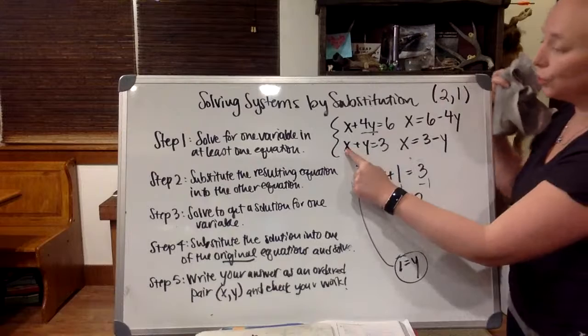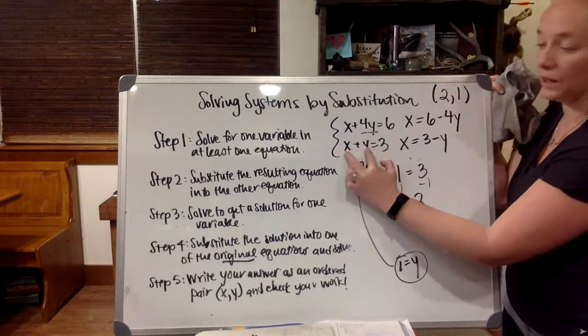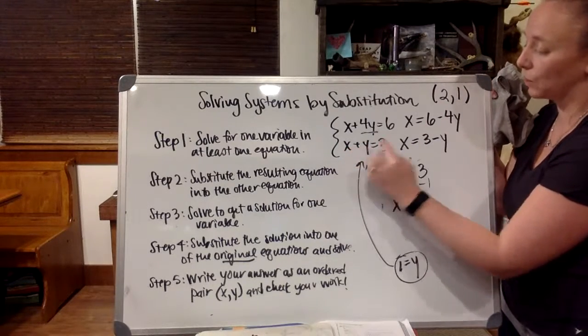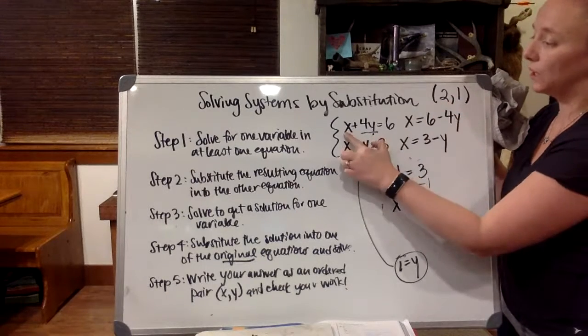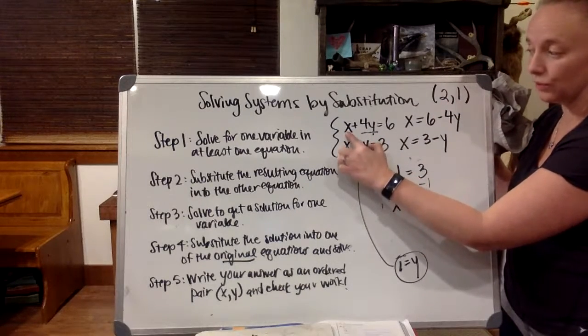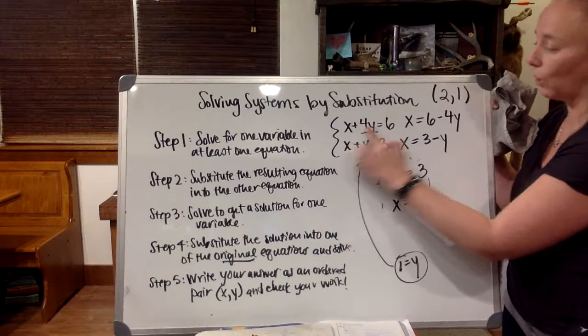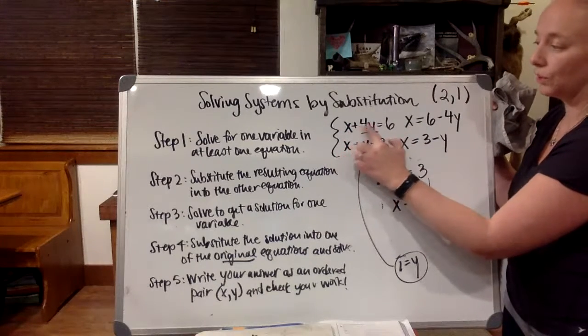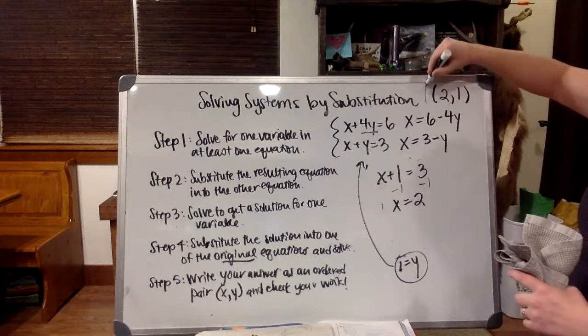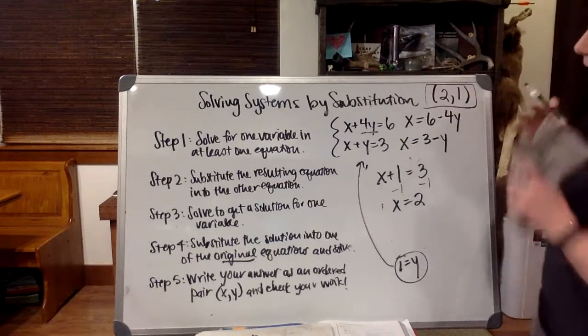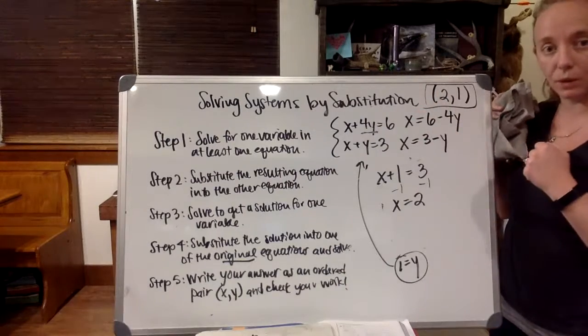If I put 2 plus 1 in here, the x plus the y, I get 3, and 3 is equal to 3. Awesome. I'm going to put 2 in here for this x. 2 plus 4 times 1, so 2 plus 4 is equal to 6, which is also a true statement. So this ordered pair is a solution to this system of equations.